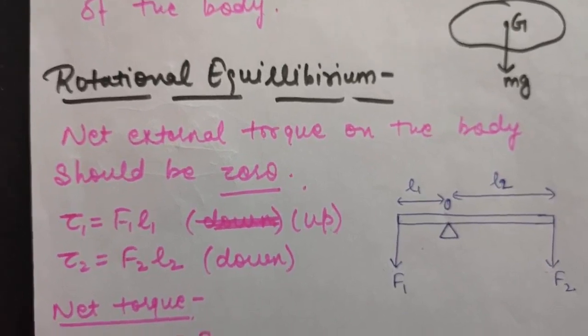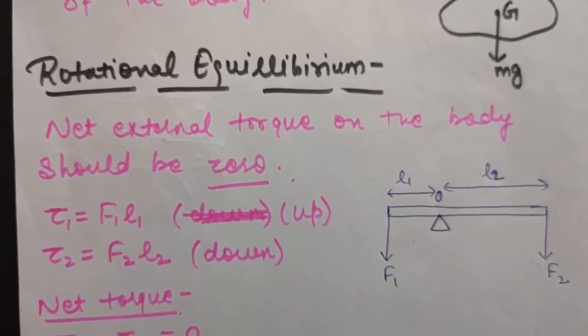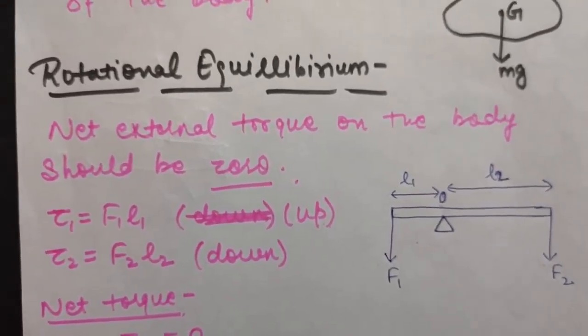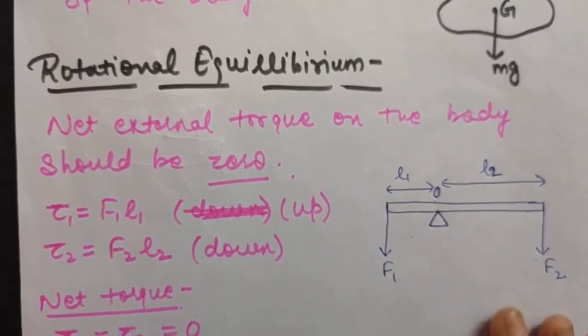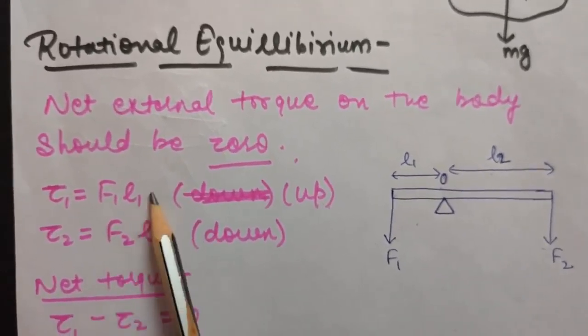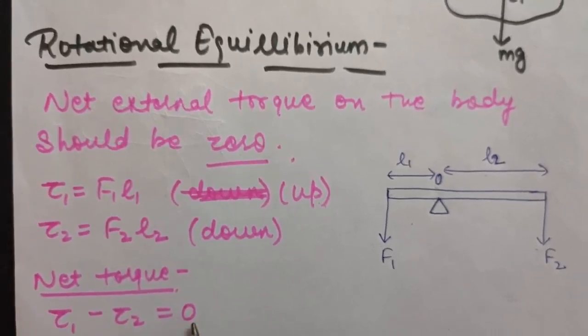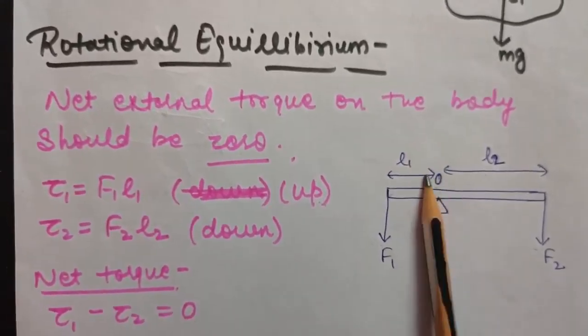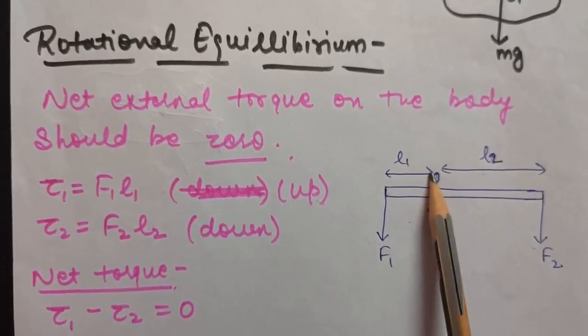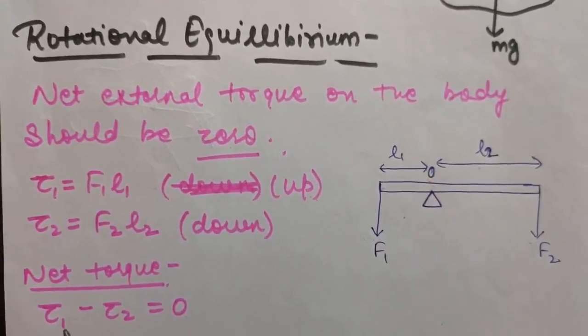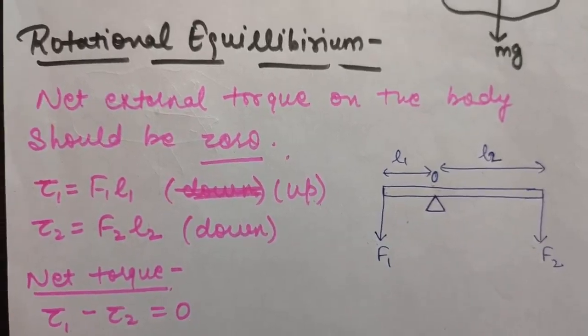Now see, because torque is a vector quantity, net torque means you have to do the vector sum. When you do the vector sum, because they are in opposite directions, torque 1 minus torque 2 should be equal to 0, so that the system remains in rotational equilibrium about this point. Okay, so just put in the values of torque 1 and torque 2.